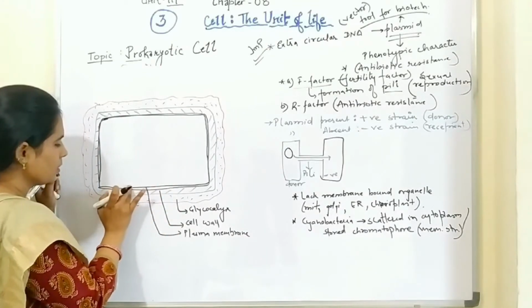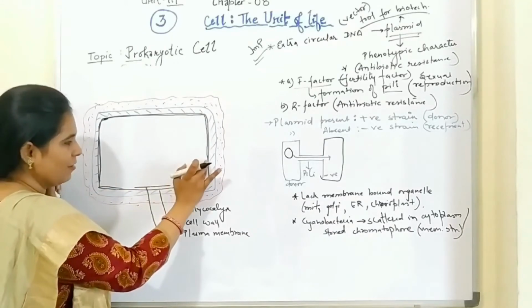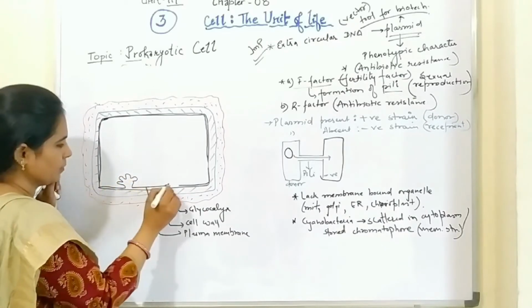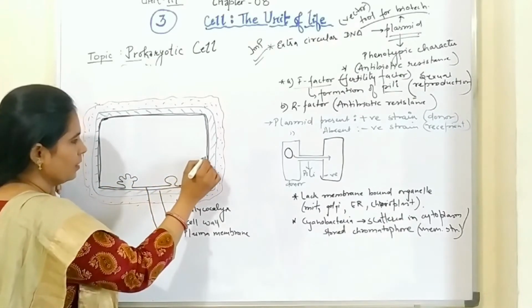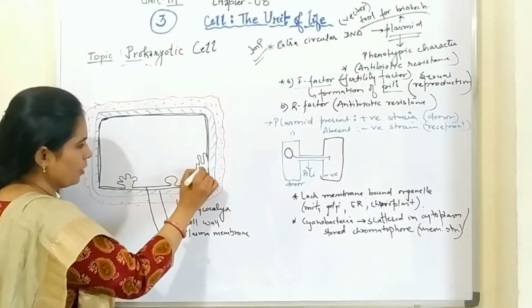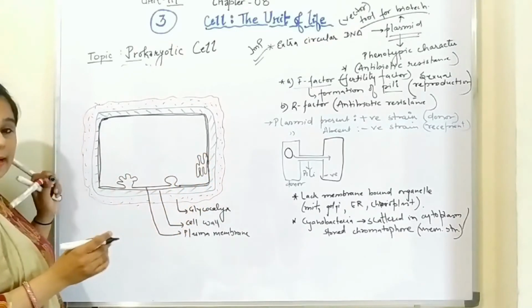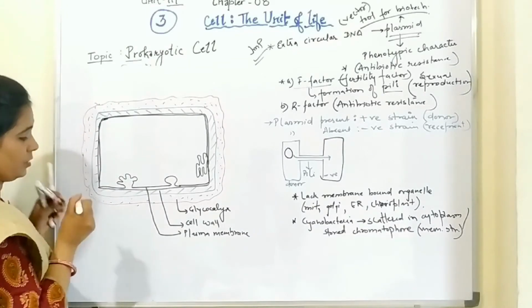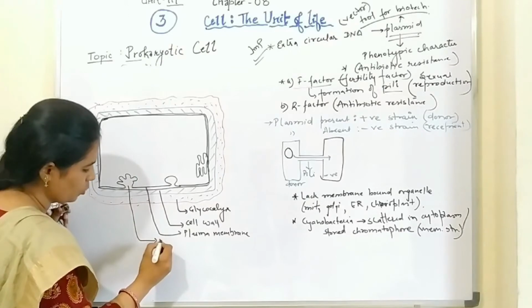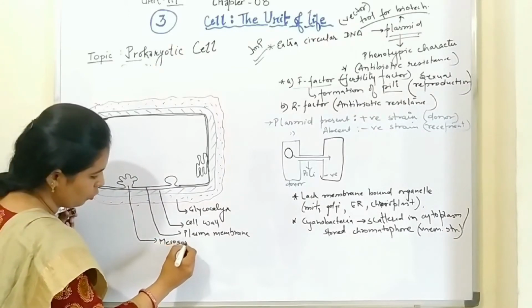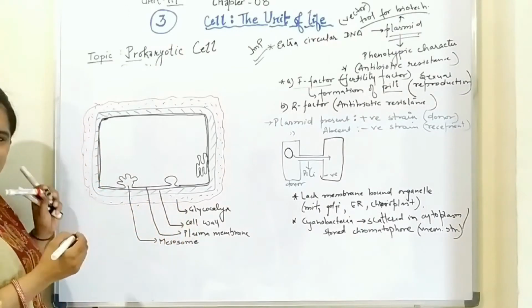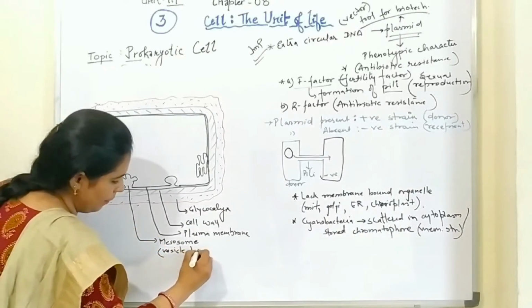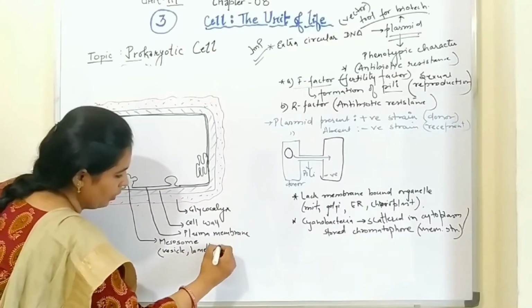There are many infoldings of this plasma membrane into the cytoplasm. Fine. You will see such infoldings of plasma membrane towards the cytoplasm, and this very important structure is known as mesosome, and this mesosome can be of vesicle shape, lamellar shape or tubular shape.